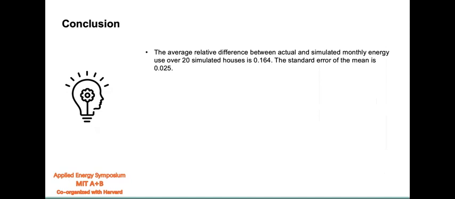Showing that on average, the difference between the simulated and actual monthly energy use is 16% relative to the actual energy use. This result is promising and showing the effectiveness of the method.